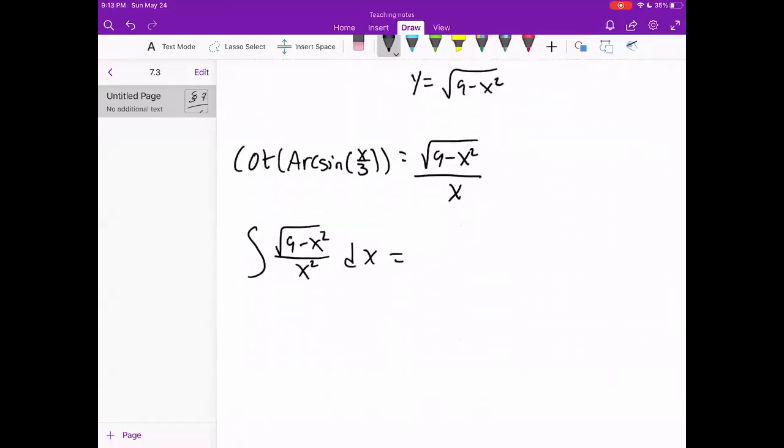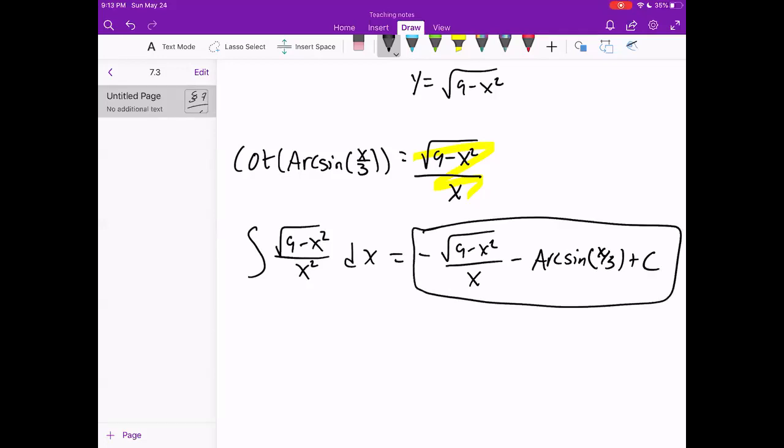It's going to be negative cotangent of arc sine of x over 3, which is right above this. It's that. So negative square root of 9 minus x squared over x minus arc sine x over 3 plus a constant. And that's my final answer.